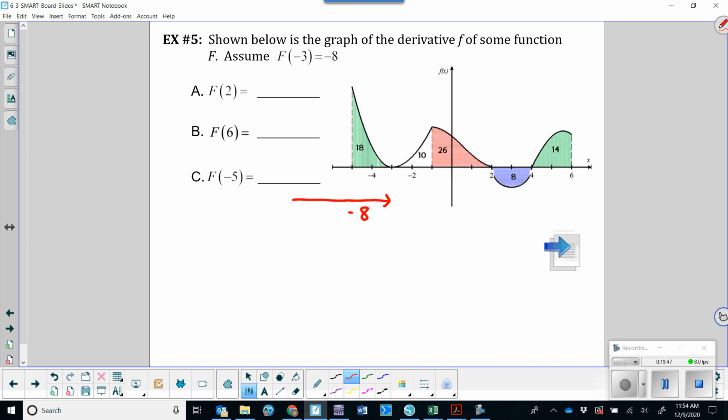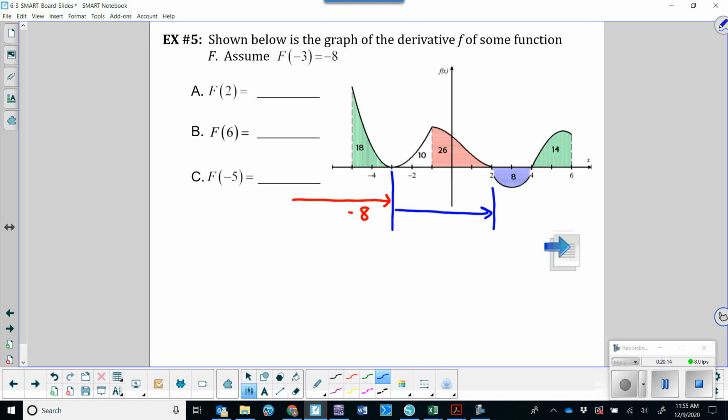Now they want me to find F of 2. Well, to find F of 2, I'm going to add up the areas. But I already know that to here, the answer is negative 8. So I only need to add up the rest of this. I need to know, what does this equal? Because I already know that to get to negative 3, it's negative 8.